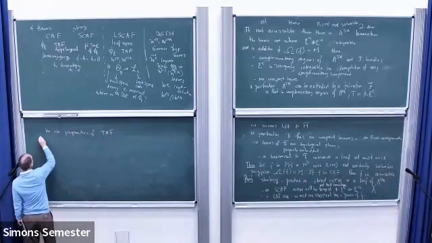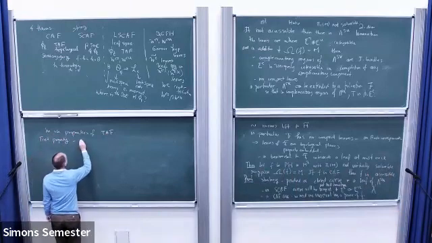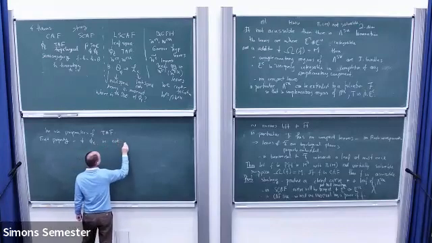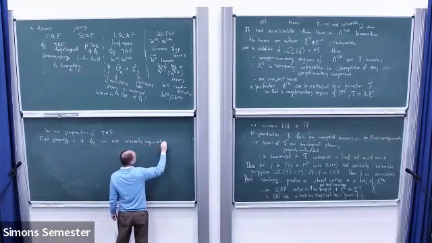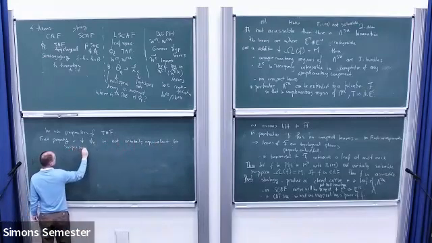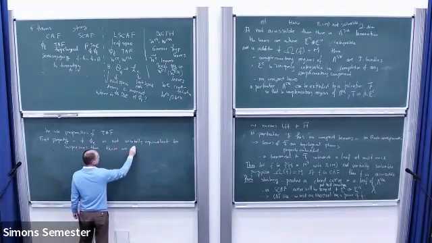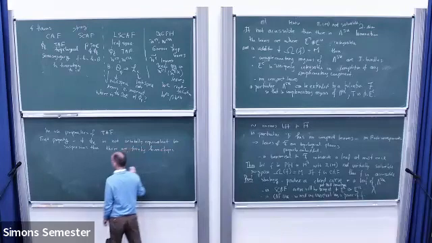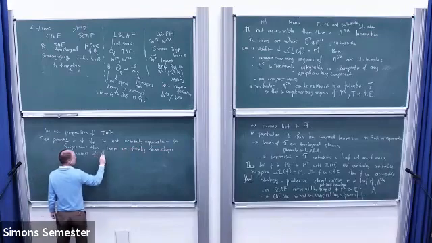The first property: if the flow is not orbitally equivalent to suspension, then there are freely homotopic closed orbits of phi.